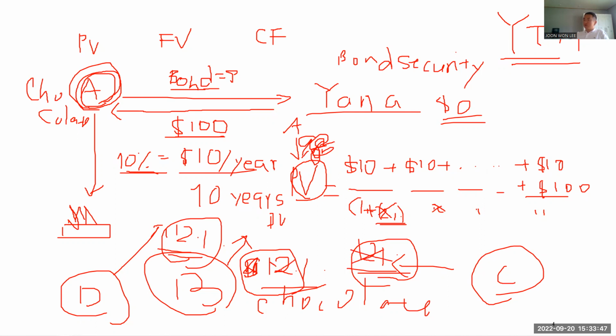What is the market interest rate? We don't know. Just assume that we don't know. But as long as you know the market price of this bond and the cash flow, you can calculate this discount rate through Excel or a calculator. What you get from the calculation is called the yield to maturity.